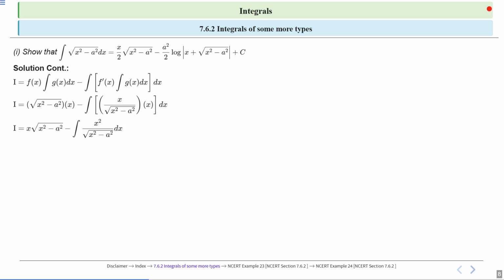We get x into root under x² minus a² minus the integration of x² by root under x² minus a² dx. Now we have to find the value of the integration of x² by root under x² minus a² dx.